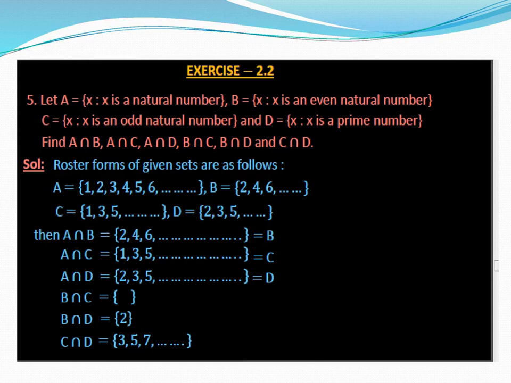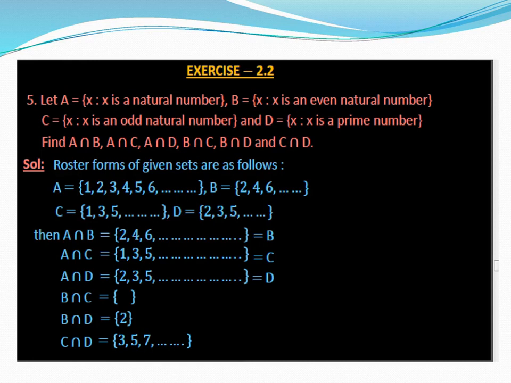Now D, what is the set builder form of D given in the problem? x is an element of D such that x is a prime number. Then D in roster form equals the set of 2, 3, 5 and so on. Now we will find A intersection B. You write set A and set B. Intersection means you write the common elements in both sets.